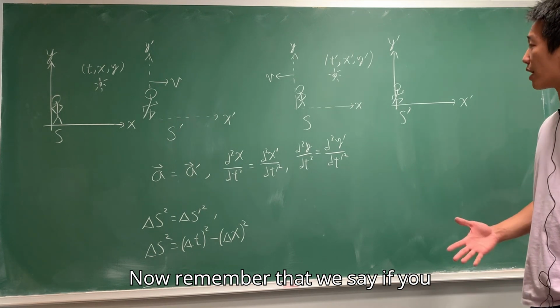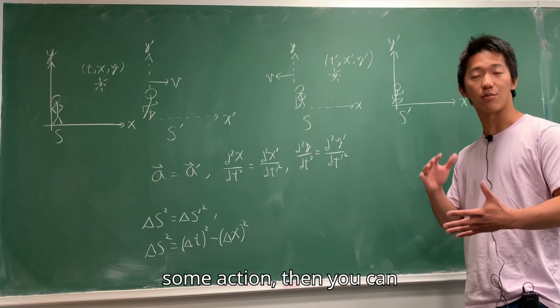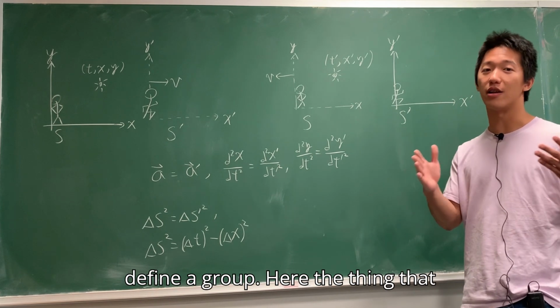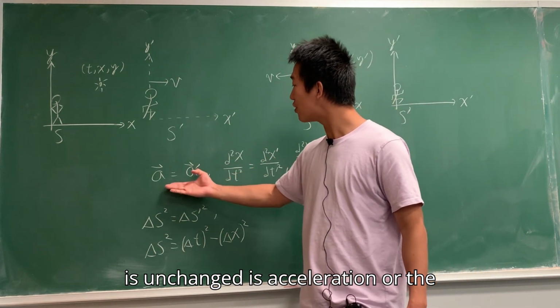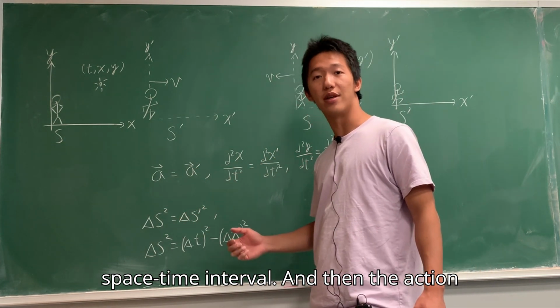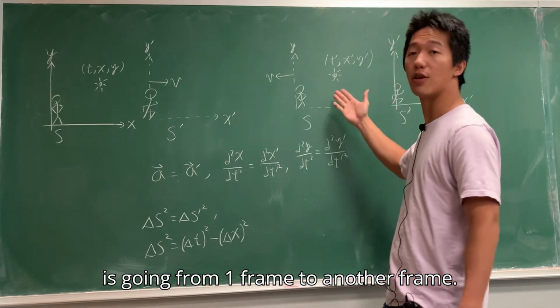Now, remember that we say if you have something that is unchanged under some action, then you can define a group. Here, the thing that is unchanged is acceleration or the space-time interval, and then the action is going from one frame to another frame.